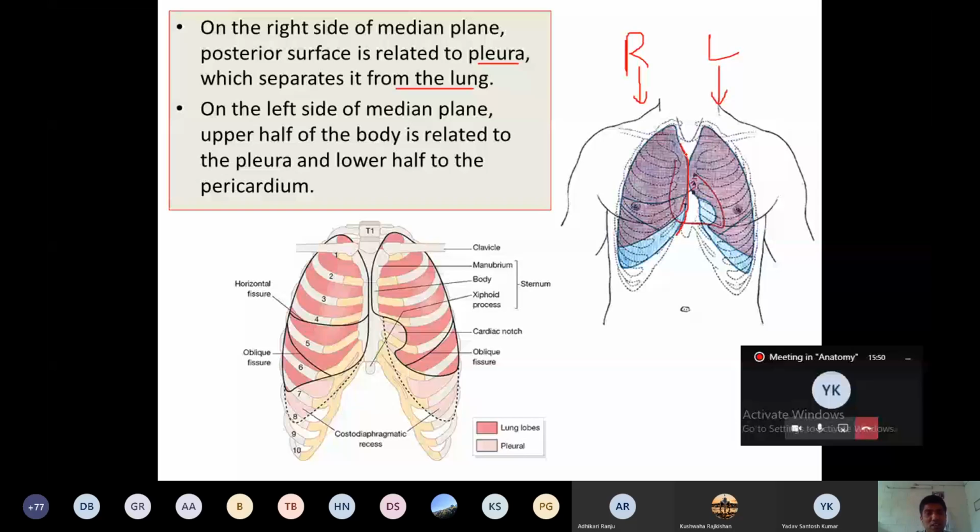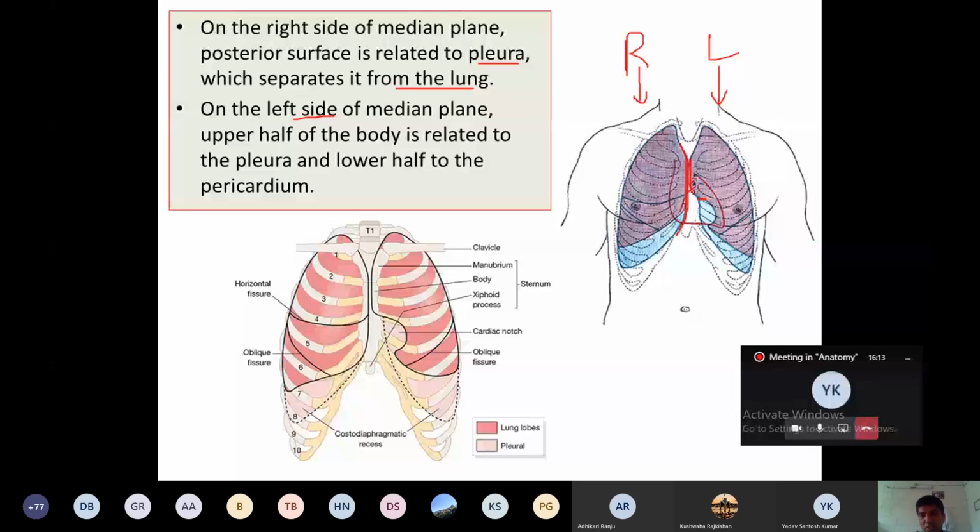Behind the sternum, on the right side, all over the body of the sternum, you can see the pleura. But on the left side there is a slight difference. Up to the level of the fourth rib, behind the sternum, you can see the pleura.